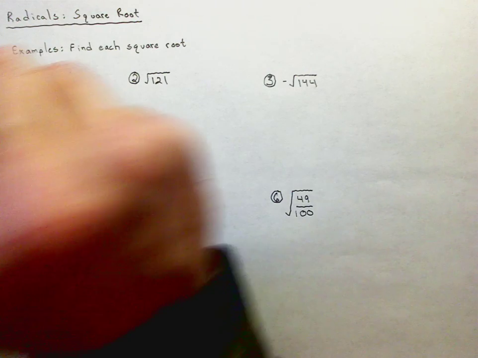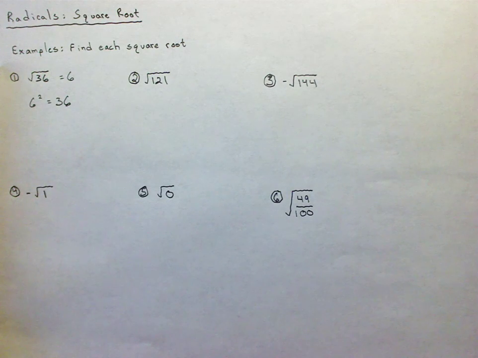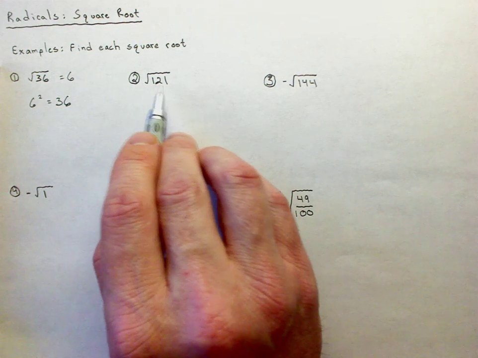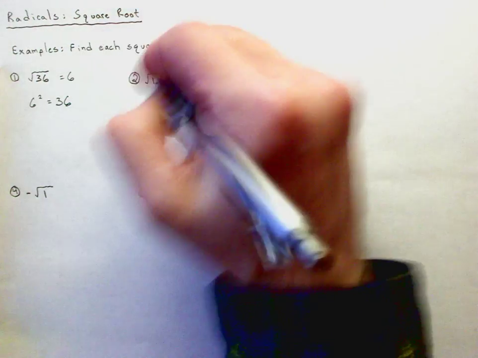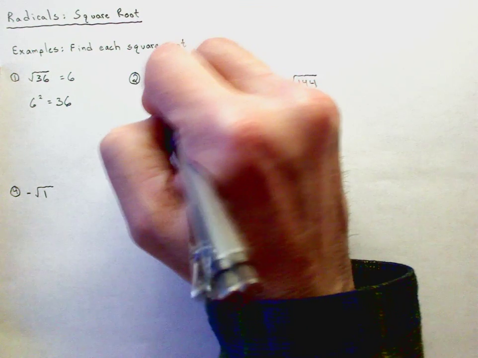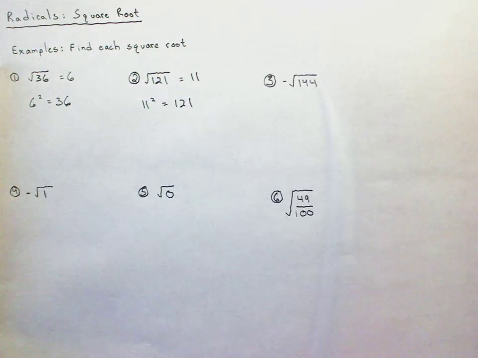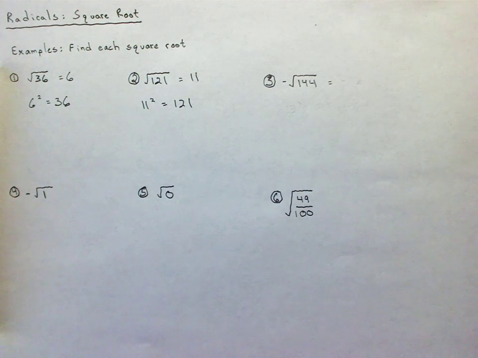There are other ways to look at this, and we'll cover them in further videos. The square root of 121 equals 11 because 11 squared equals 121. Now what I would like for you to do is look at the other problems, solve them, and let's see if we end up with the same answer.